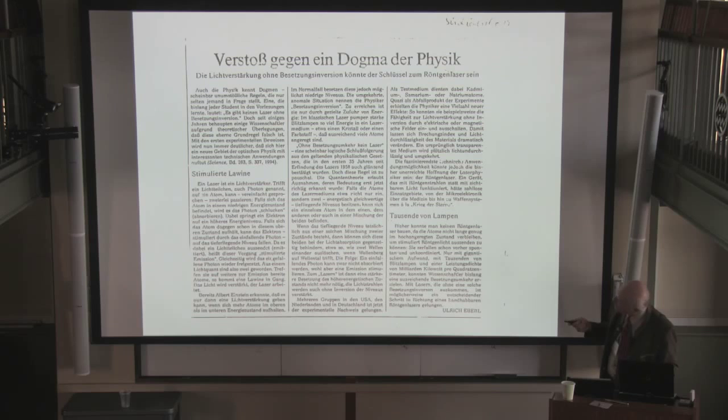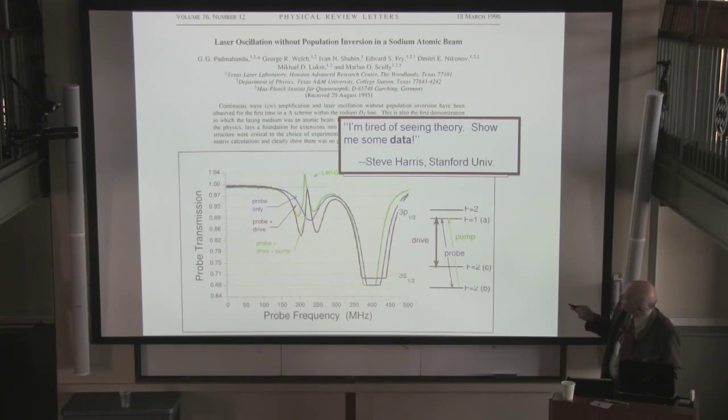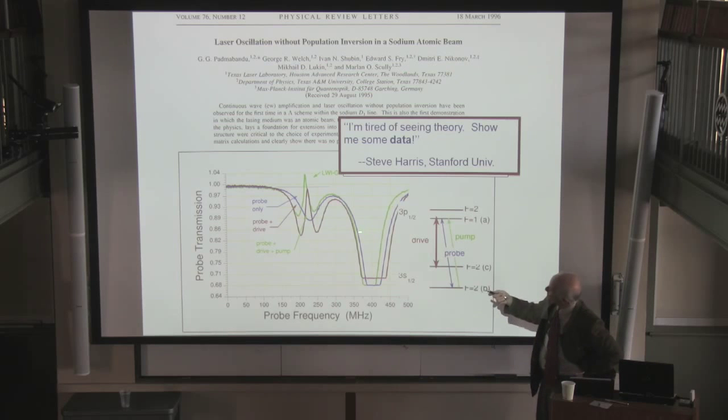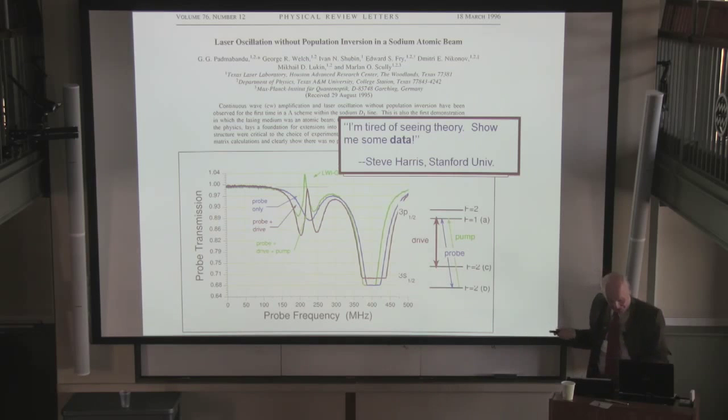Let me go back. We had some really great times in the old days, wonderful calculations, guys like Lukin and Nikonov pushing forward, and experimentalists like George Welch. We showed this at a conference, and Steve Harris looked at it and he said, I don't want to see any more theory, I want to see experiments. This was such a beautiful experiment that it certainly looks like theory, and the theory agrees very well.